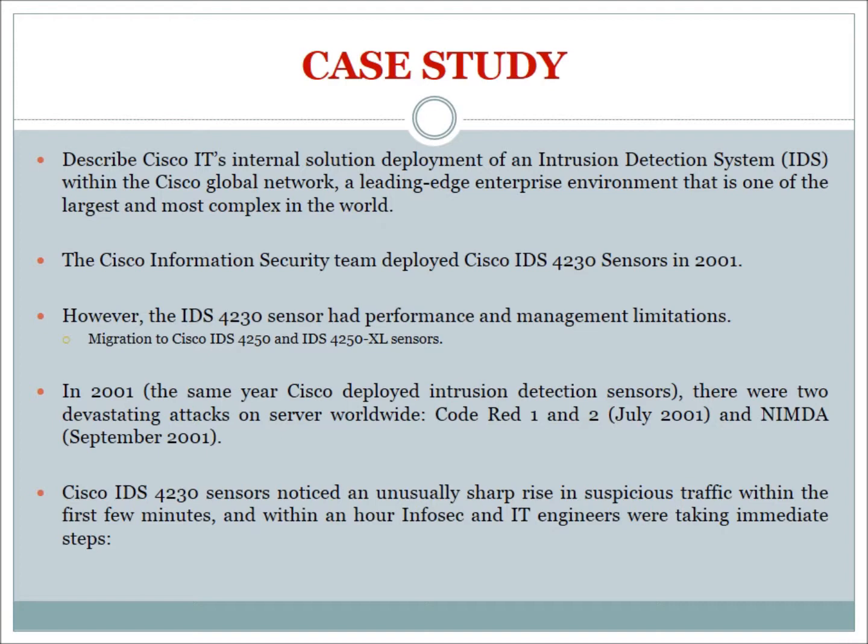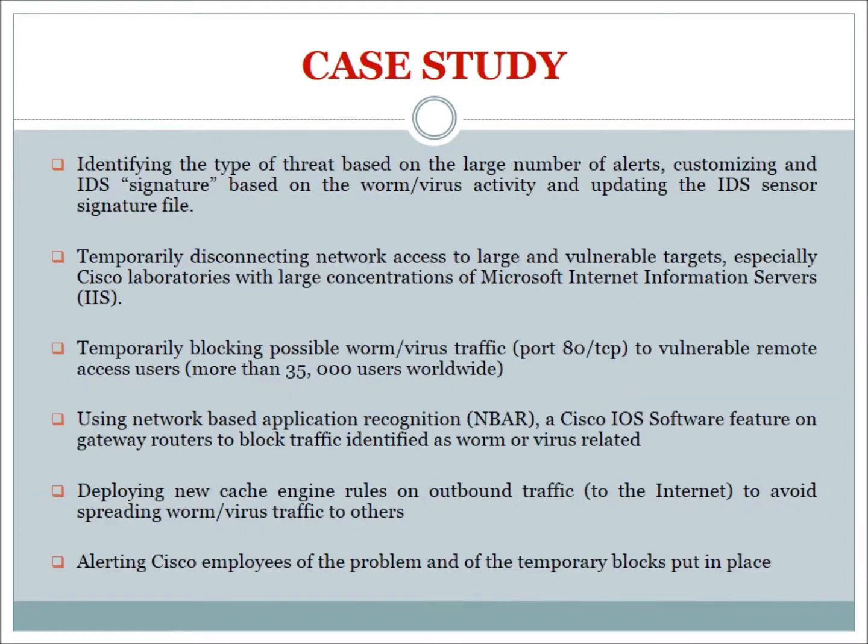The Cisco IDS 4230 sensor noticed an unusually sharp rise in suspicious traffic within the first few minutes, and within an hour, security and IT engineers were taking immediate steps. The first steps were to identify the type of threat based on the large number of alerts, customize IDS signatures based on the virus activity, and update the IDS sensor signature file.